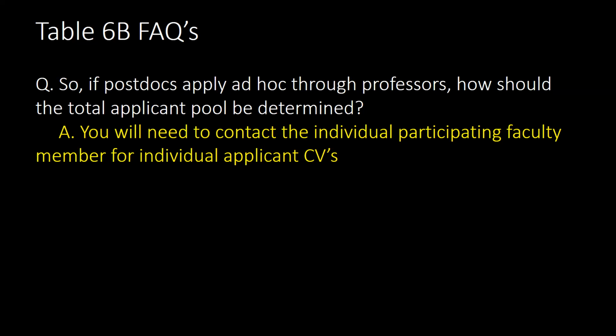There are different ways of doing this. You could survey, say, if you have 20 participating faculty on this grant, you can survey them and ask approximately how many CVs have you received over the last 5 years, and were those people eligible?